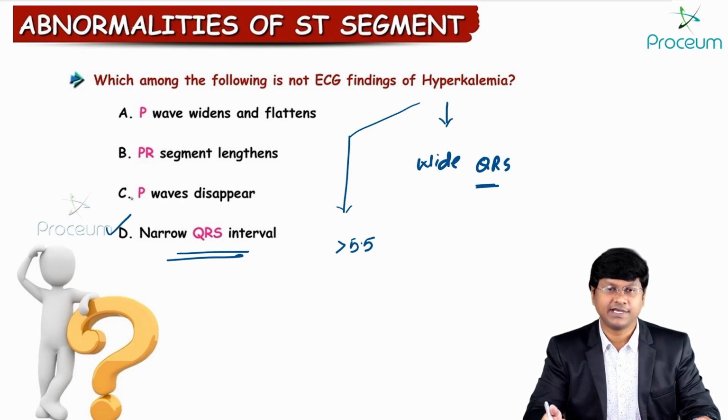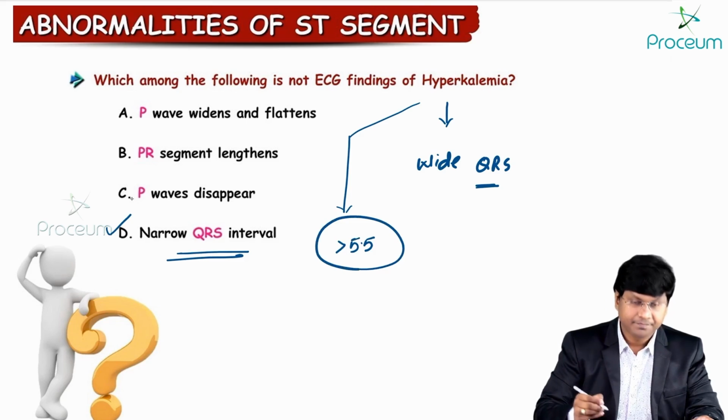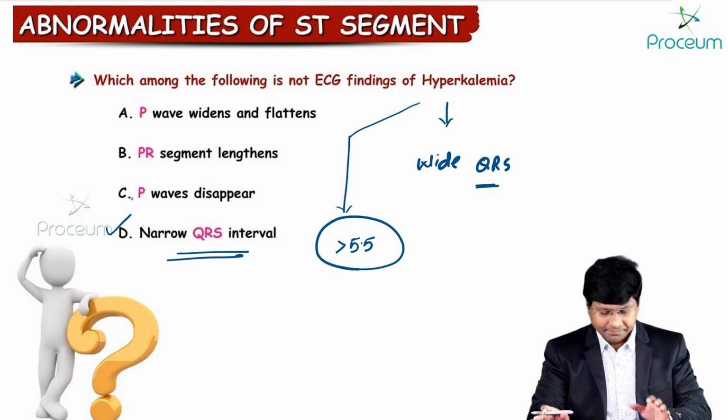And more than 6, it is called moderate hyperkalemia. More than 7, it is called severe hyperkalemia. And when the serum potassium levels are more than 5.5 milliequivalents per liter, that is associated with repolarization abnormalities.